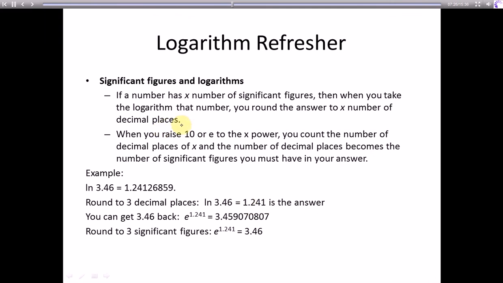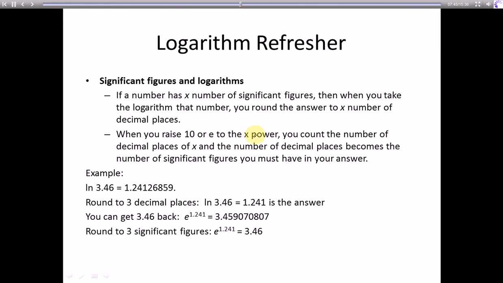Then, when you raise 10 or e to the x power, you count the number of decimal places of x, and the number of decimal places becomes the number of significant figures you must have in your answer. So essentially, you do the reverse.